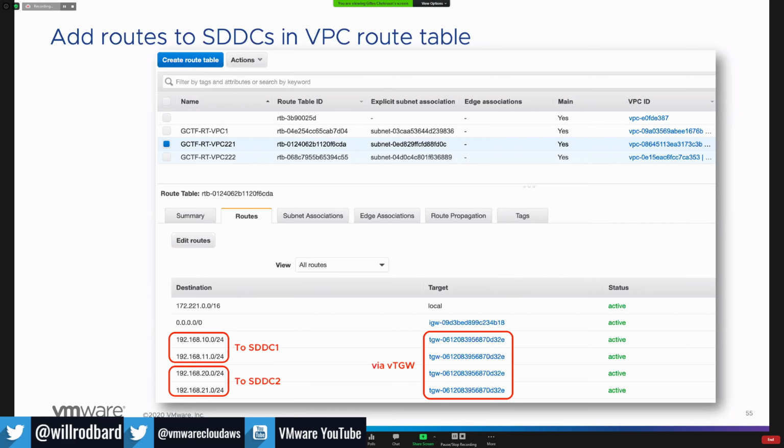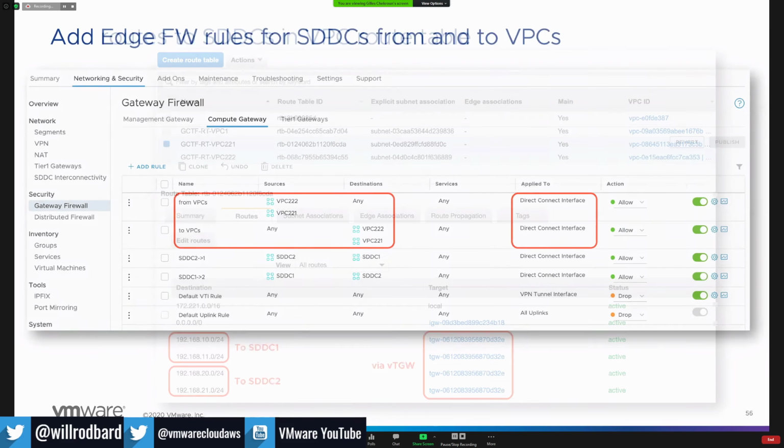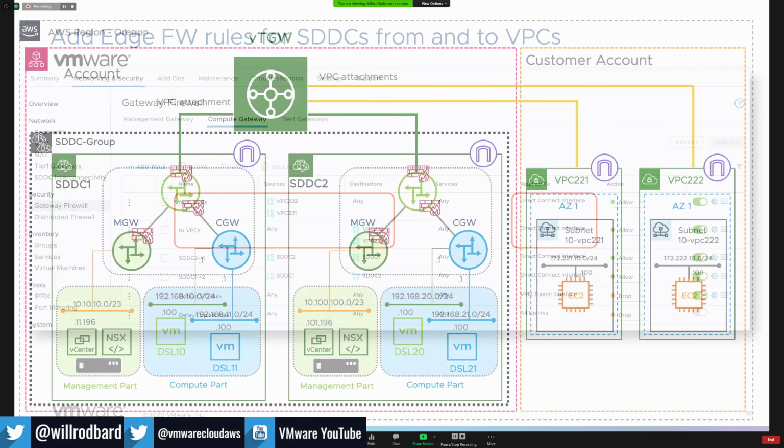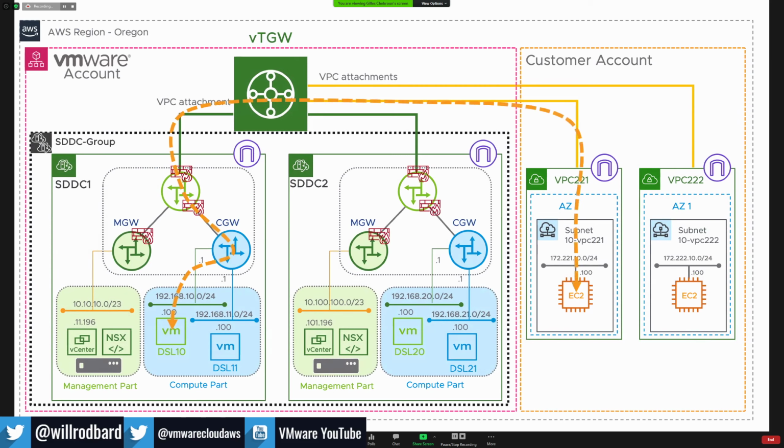But I can also go specific to specific networks and allow some and deny some, and they all go via the transit gateway. Once I do that, I need to go back to my compute gateway and allow who talks to who. Again, I can do some filtering here, and then I have my connectivity. So now my VM can talk to an EC2 on VPC 221 or on the other one, VPC 222. I have full connectivity.